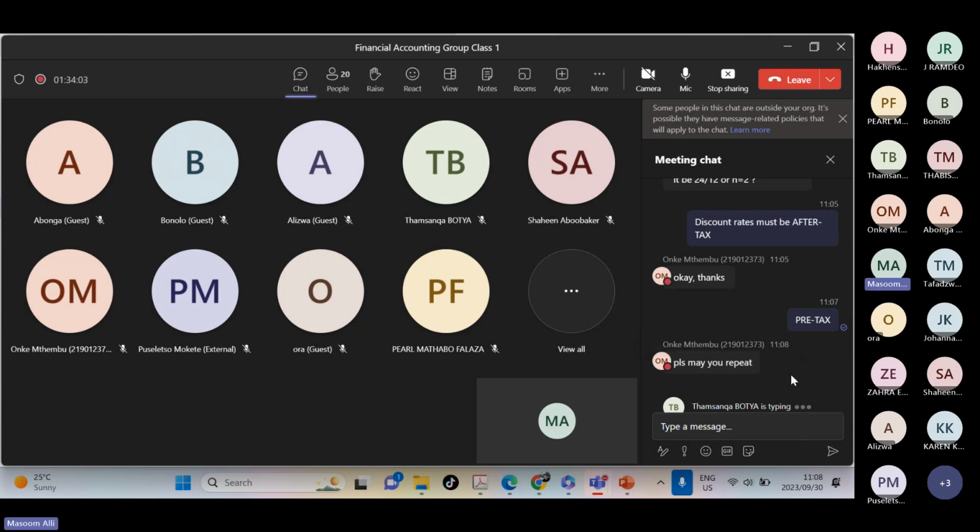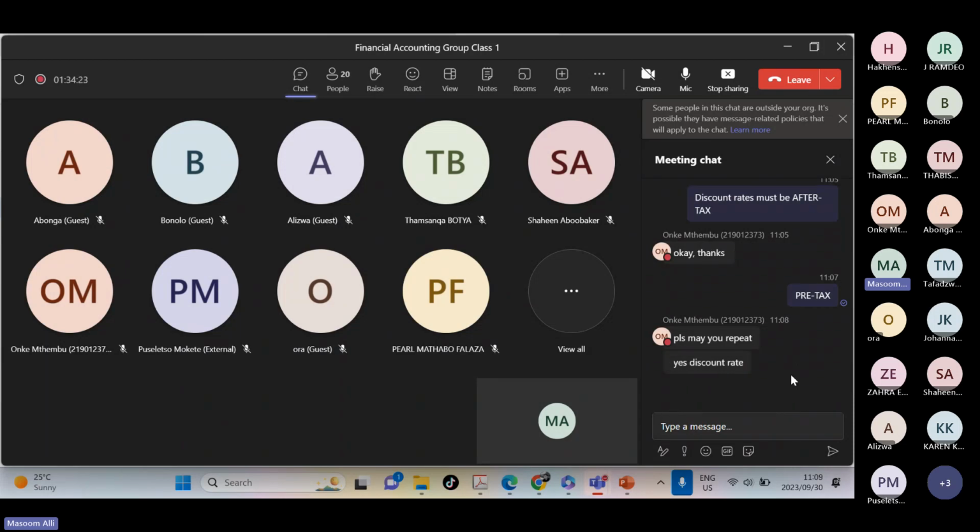Okay, let me repeat it, right? So in terms of your discount rate, I'm assuming you want me to repeat. Okay, if you're going to do your discount rate, right? Your discount rate must be before tax, right? Pre-tax. So if they give you an after-tax discount rate, then you must take that tax rate and convert it into a pre-tax discount rate. Okay.